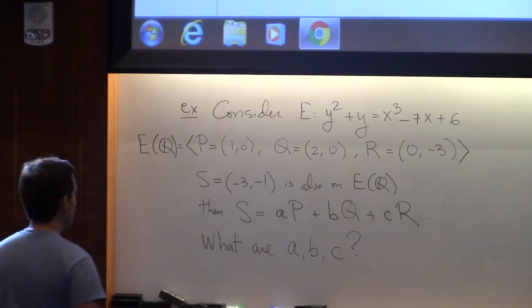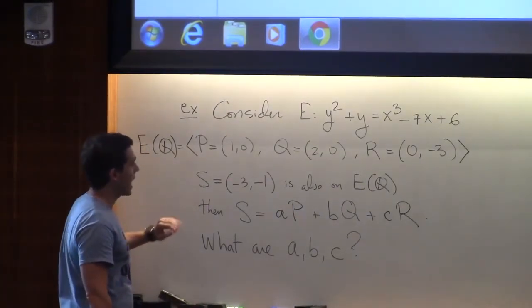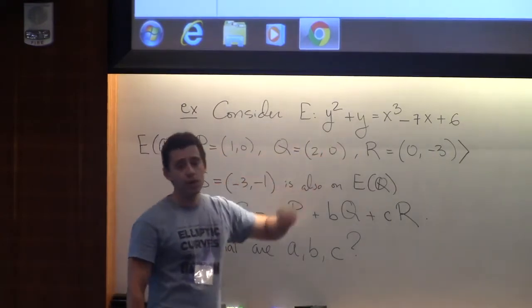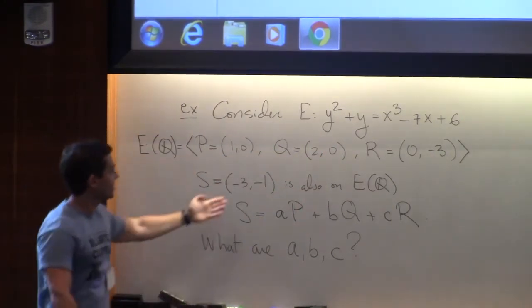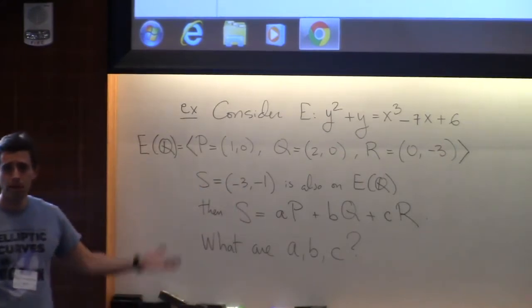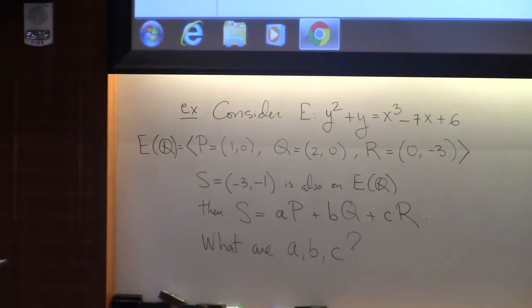So this is very dear to our hearts. And these are 3 generators. We saw there are actually many integral points on this curve. For instance, that's another integral point. And the question is, if these are generators, that other one is a linear combination of the first 3. What is the linear combination?